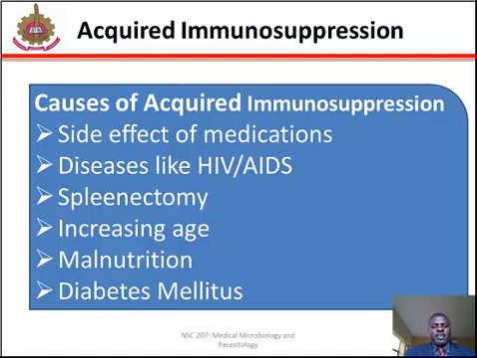Then medical conditions like diabetes mellitus will suppress immunity, and will make an individual immunosuppressed and susceptible to infection. Now we have seen from our studies how all those factors interrelate, how immunity is developed, and how immunosuppression can cause infection.